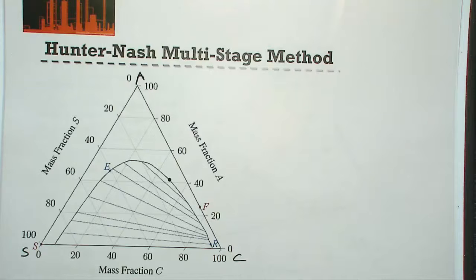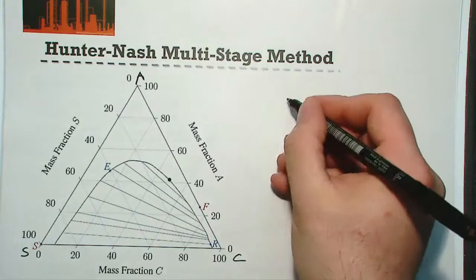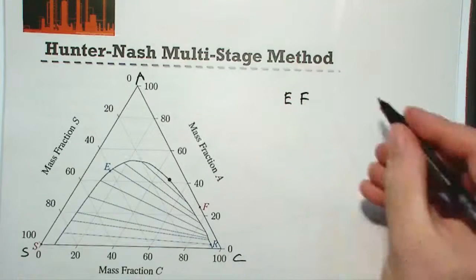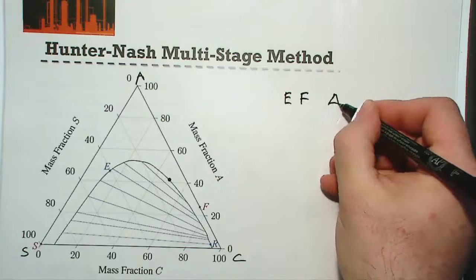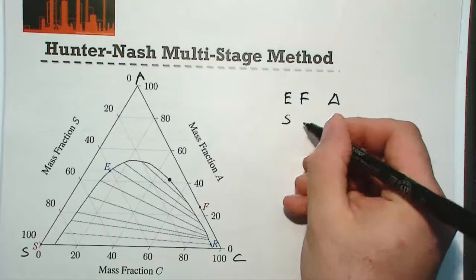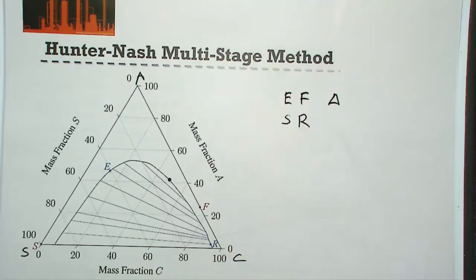So if we think about the ends of our system, i.e. our final raffinate product and the feed, and our extract and the solvent, they're our extreme ends. So we would know that the extract and the feed and our operating point all lie on a straight line. And our solvent and our raffinate and our operating point, again, all lie on the same straight line.